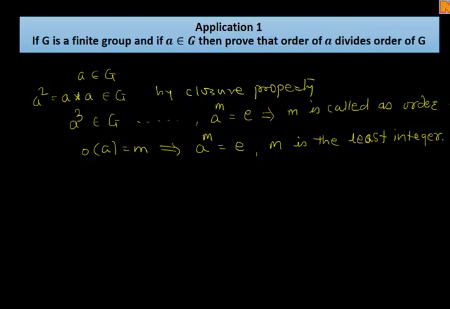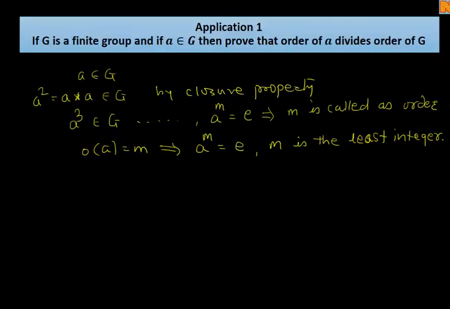Now let us start the proof of this application. So what is the application? The statement is: if G is a finite group, that means the number of elements in G is finite, suppose n. So let me write the proof: let the order of G be n, and let the order of A be m.